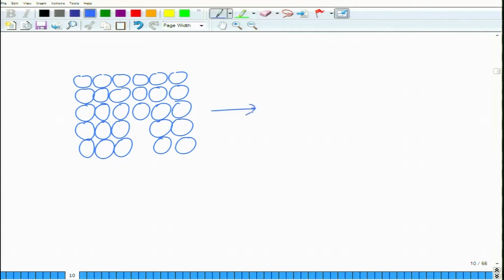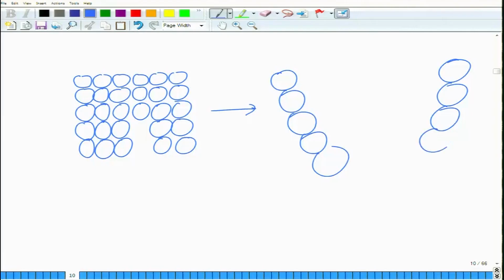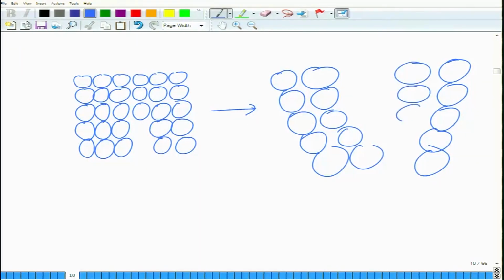So, you will have distortion like this, and then in between you will have these atoms.